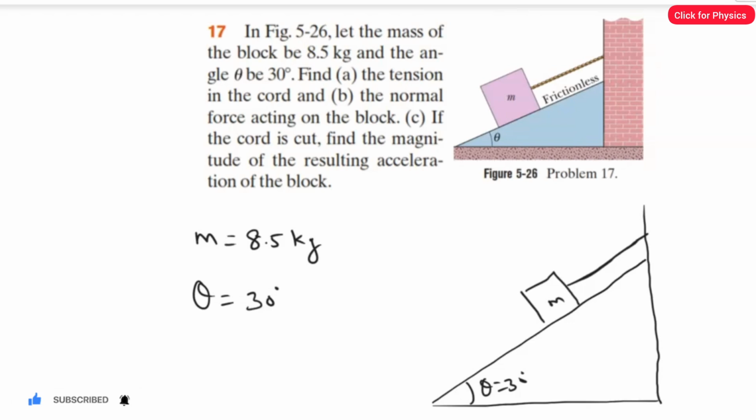Now, if you draw the free body diagram, the force acting perpendicular to the surface of the object is the normal force, which is Fn. And then there is the force due to gravity, which is mg.